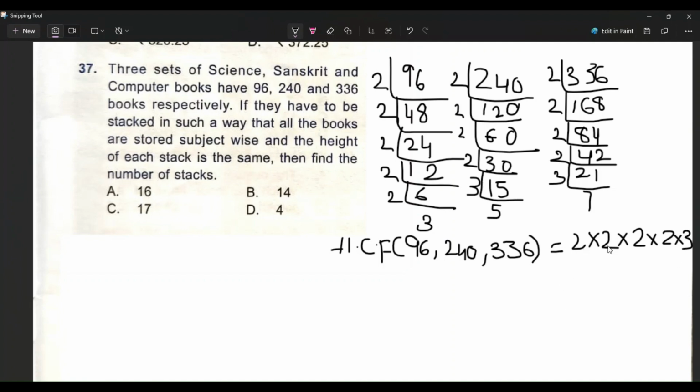So let's multiply: 2 2s are 4, 4 2s are 8, 8 2s are 16, 16 3s are 48. So we got the highest common factor of these three numbers, 48.